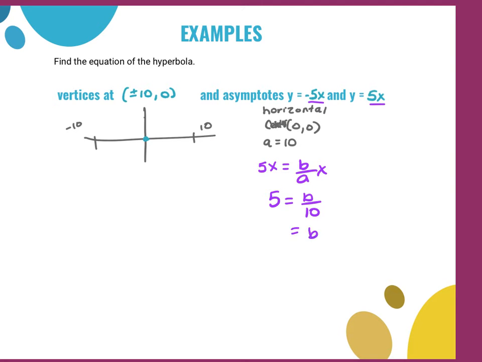Cross multiply and I get b is 50. With me so far? If you want to write it out as 5 over 1, you can. 5 over 1 equals b over a, and then we get 5 over 1 equals b over 10, and then you can cross multiply and you get b is 50. Either way, you get it.